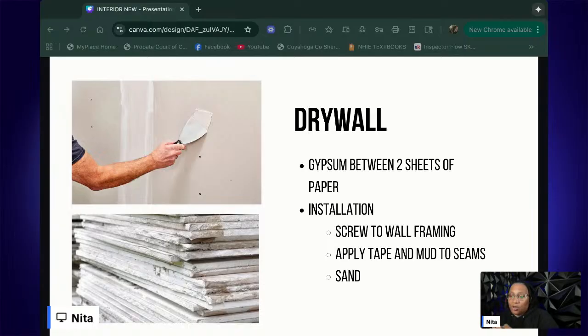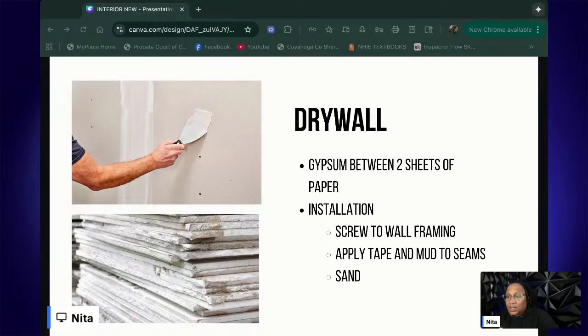You hear people refer to it as plasterboard, gypsum board. All of that is referring to drywall. It's basically that gypsum material sandwiched between two sheets of paper that are obviously stronger than just regular paper, but that's essentially what drywall is.